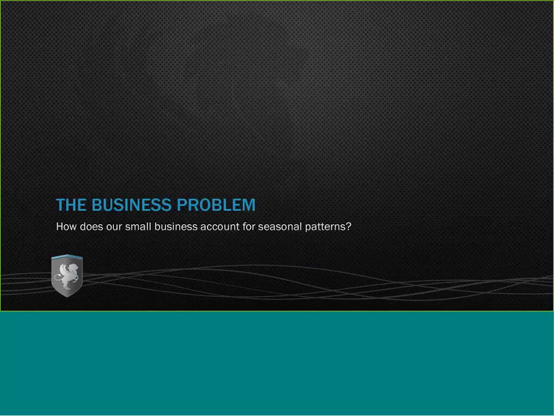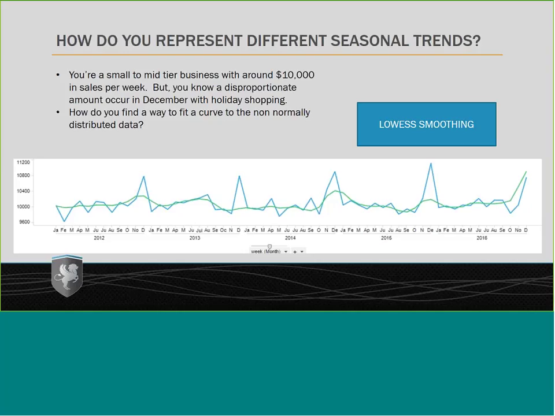Once again, our question: how does our small business account for seasonal patterns? We're a small to mid-tier business. We have around 10,000 in sales per week, but we know we have December coupons and holiday shopping raises our sales every year. So, how do we take that into account?